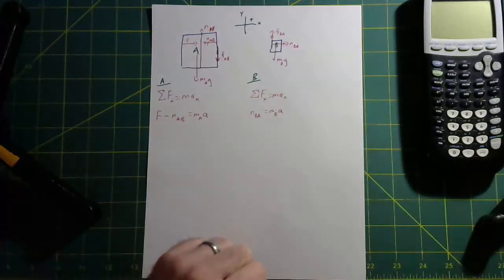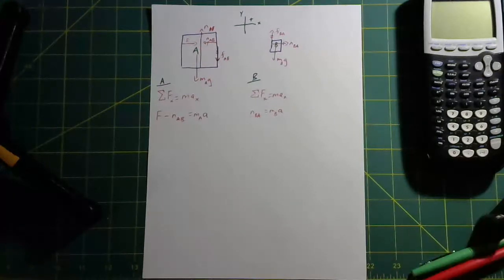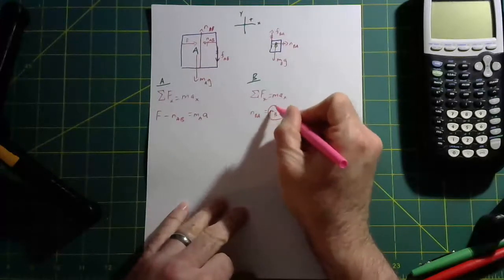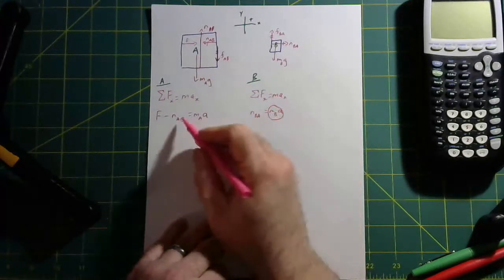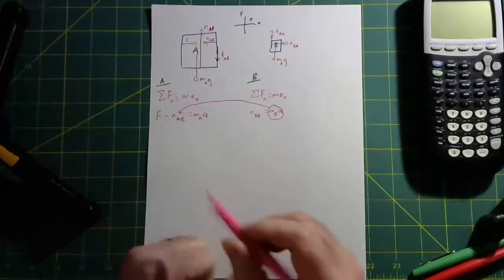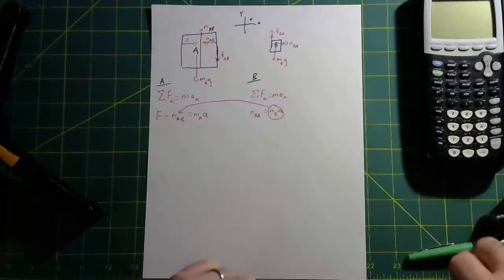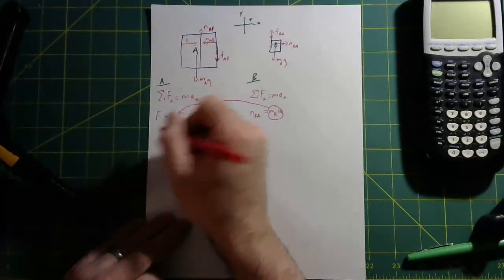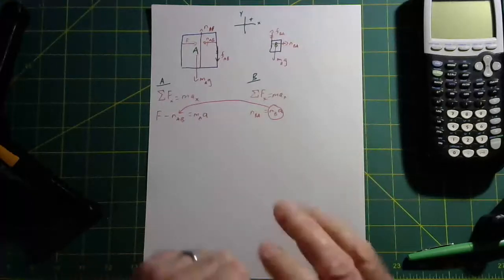Let me go ahead. You can say, for sure, I know that I'm going to want to substitute this N_BA. And see, N_BA, N_AB, same size. I'm going to plug that in there. All right. If I do that, actually, I take it back.